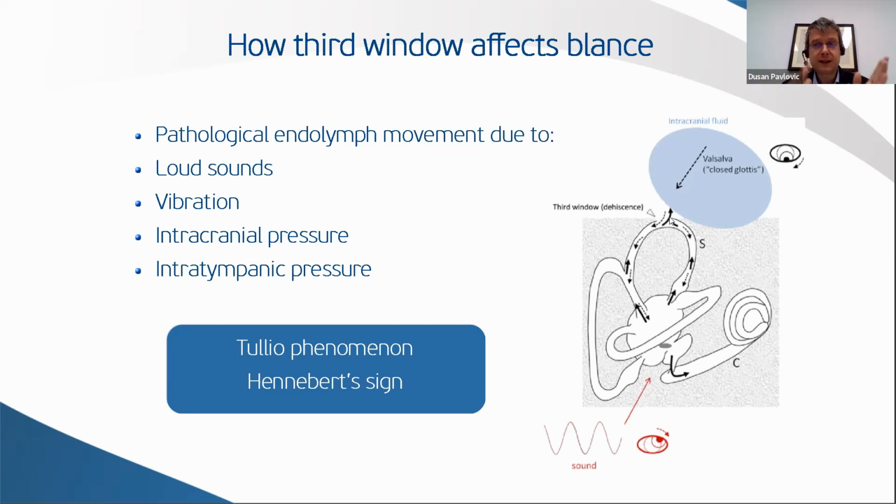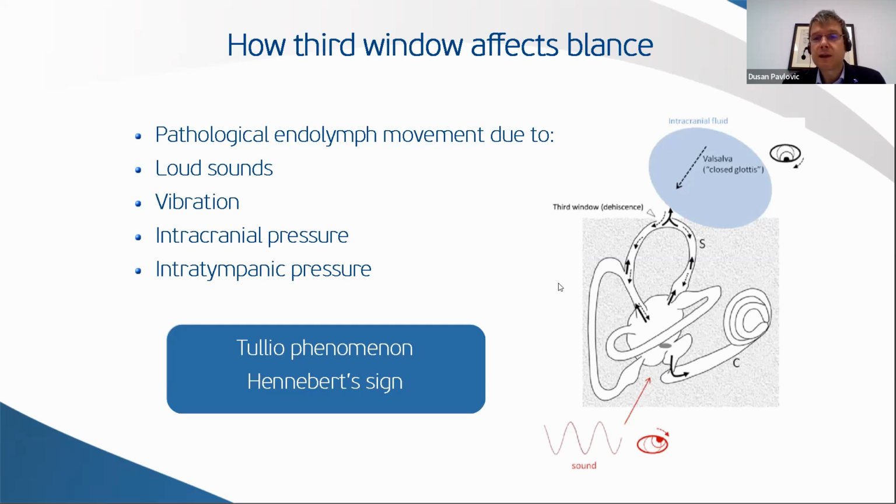So the stereocilia bend more and actually make this dehiscent canal sensitive to sound, which in a normal ear isn't. So those patients frequently have a Tullio phenomenon also.